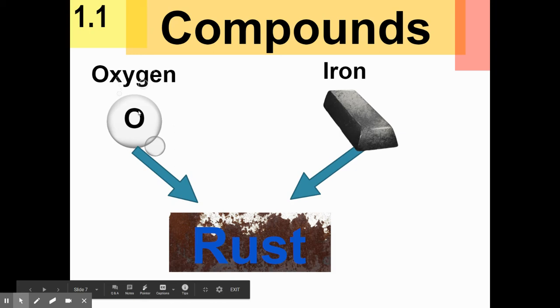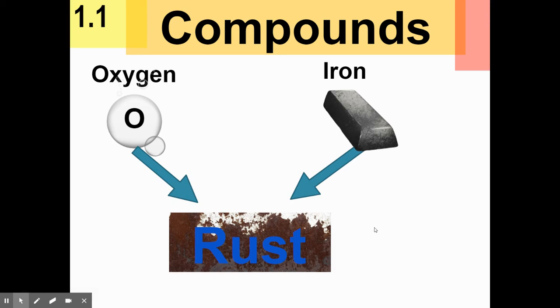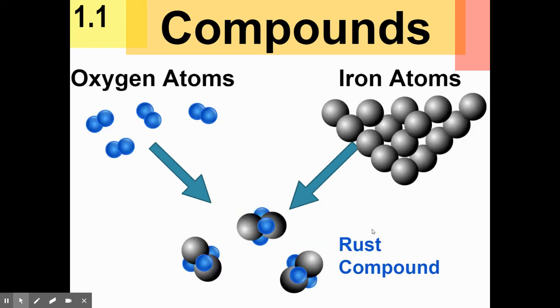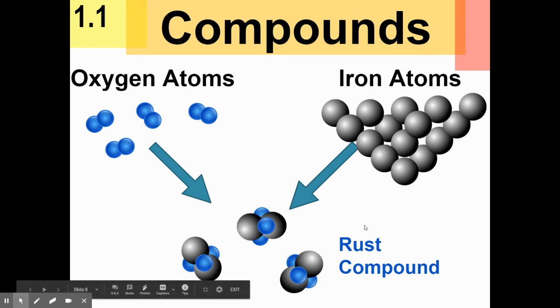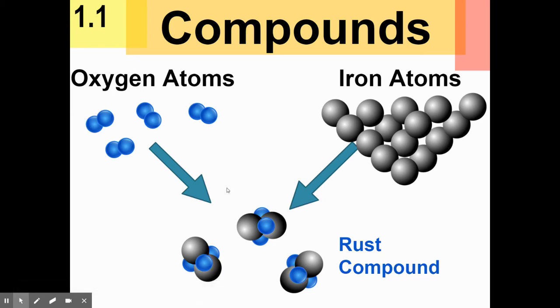Rust is just made of oxygen atoms and iron atoms that have combined together. Here's what's actually happening at the microscopic level: oxygen atoms are little bluish colored spheres. Iron atoms are silvery colored spheres. And when you stick them together, you get rust, something that seems totally different from the oxygen and the iron that makes it up.